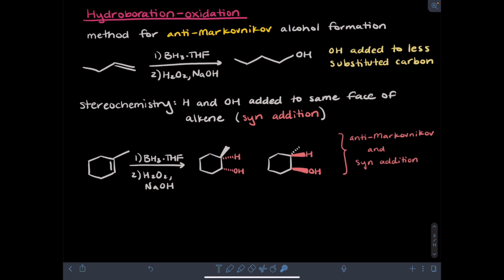So, the right two carbons of the alkene are starting out. One will get a hydrogen, the other will get the OH. To show the syn stereochemistry, I need to draw these H and OH groups that have added, both as dashes, and then both as wedges.